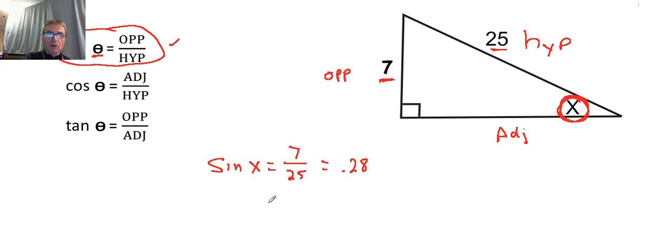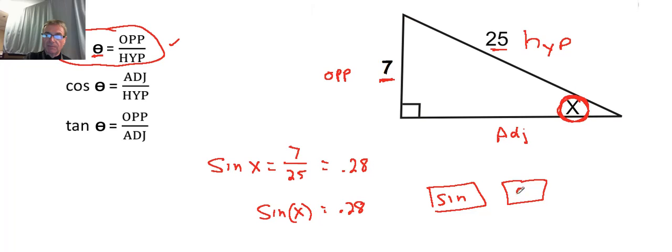So the sine of x is equal to 0.28. Up to this point, when I have typed in numbers using the sine, cosine, and tangent functions, I typed in sine, right? I hit the sine button, and then I hit the angle. Well, I don't know the angle.